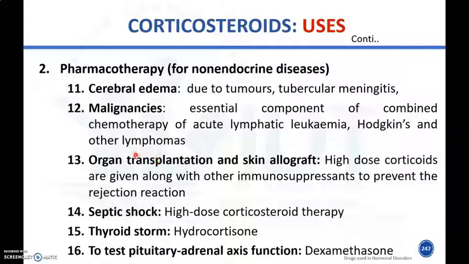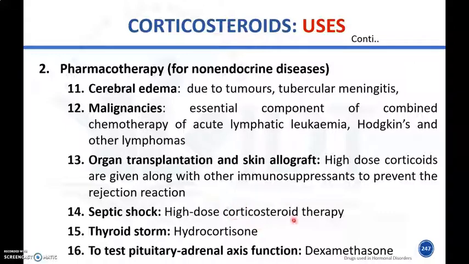Then corticosteroid can also be used as an immunosuppressive agent in case of organ transplantation as well as skin allograft. Higher doses of corticosteroids are used as an immunosuppressant to prevent graft rejection reactions, and also for the treatment of septic shock with different infectious diseases or infective agents.